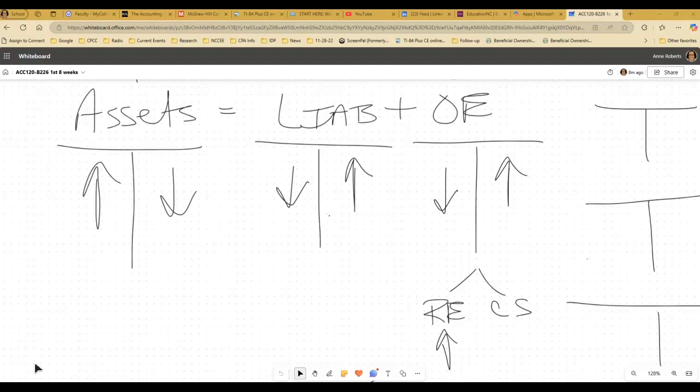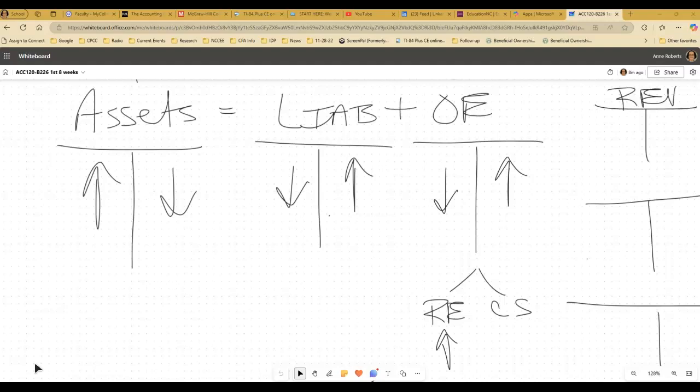So all throughout the year, the only balance that you're going to see in the retained earnings account is the beginning retained earnings, okay? And then everything that's affecting retained earnings, like revenues, expenses, and dividends, are all going to be recorded separately.